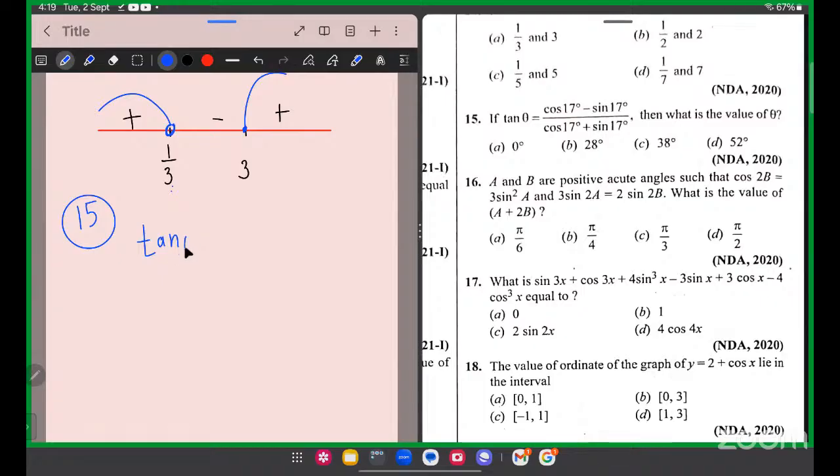Tan theta is equal to cos 17 minus. Can we use the cos C minus cos D formula? Yes or no? Cos 17 minus sin 17. Yes, sir. What is cos C minus cos D?